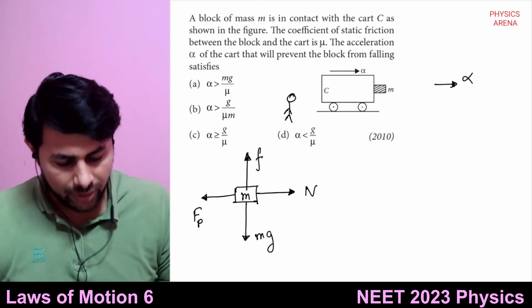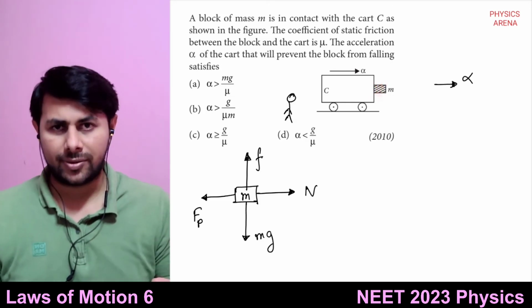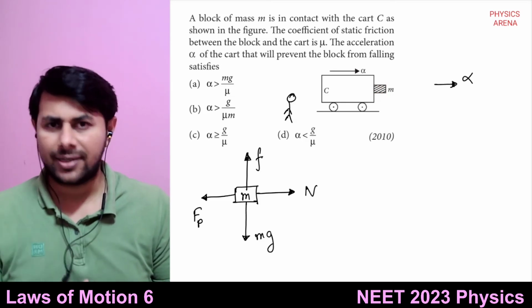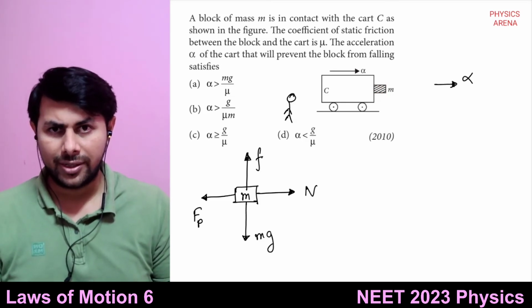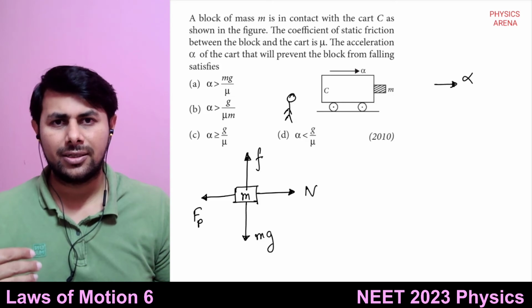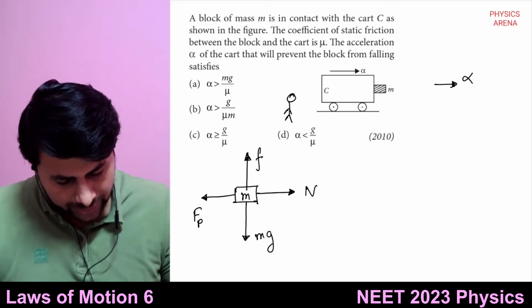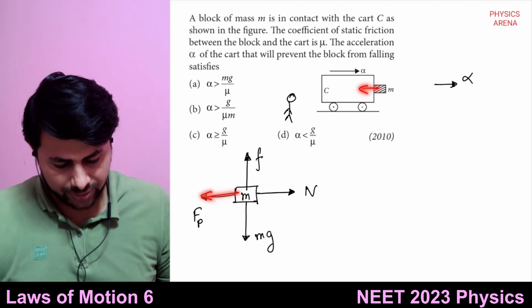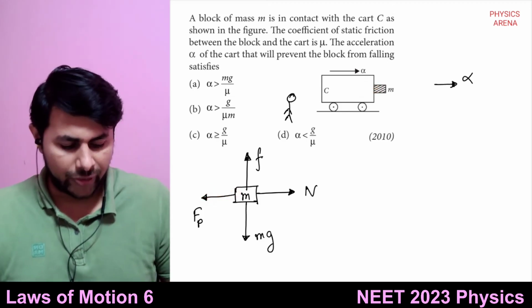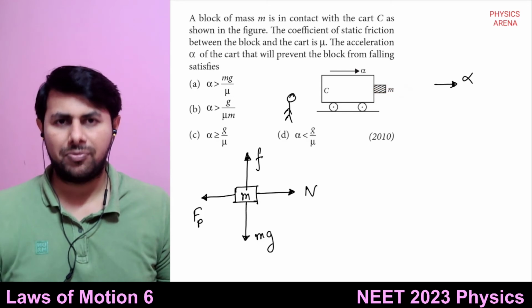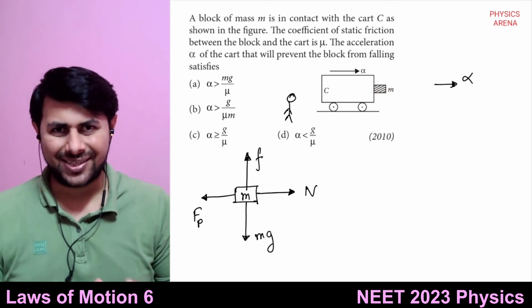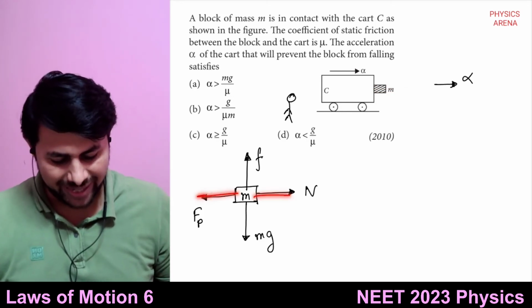But for the observer who is riding along with the block, he is at rest, he is not moving. But there is a pseudo force acting on him, towards left. So this is the direction of pseudo force. And what is the normal reaction doing? Because the observer is at rest, the normal reaction is balancing that pseudo force.